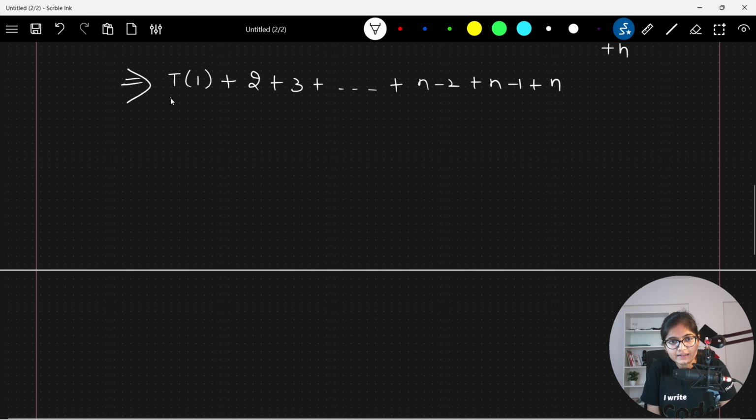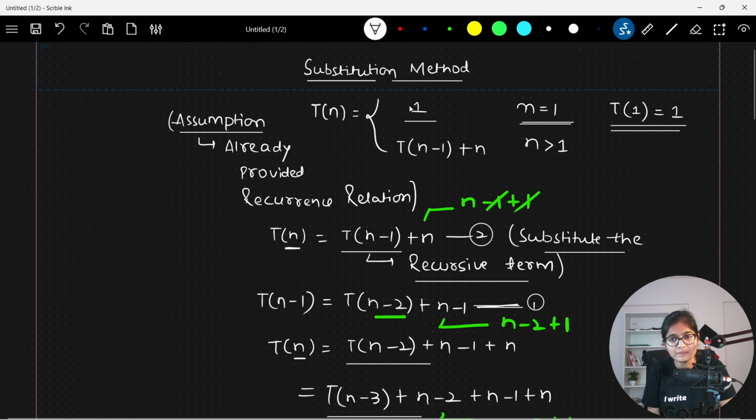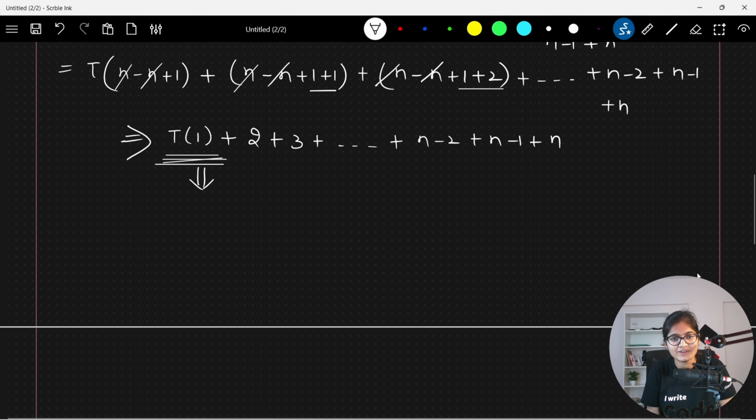Here we know that when the value of n is equal to 1, our result is 1. So we can write the value directly as 1, plus 2 plus 3, and so on, plus n minus 2 plus n minus 1 plus n.